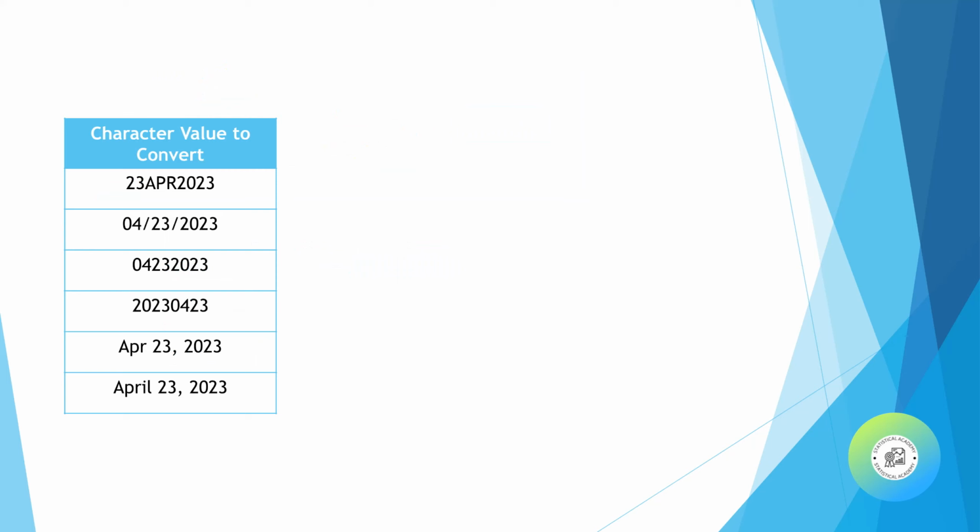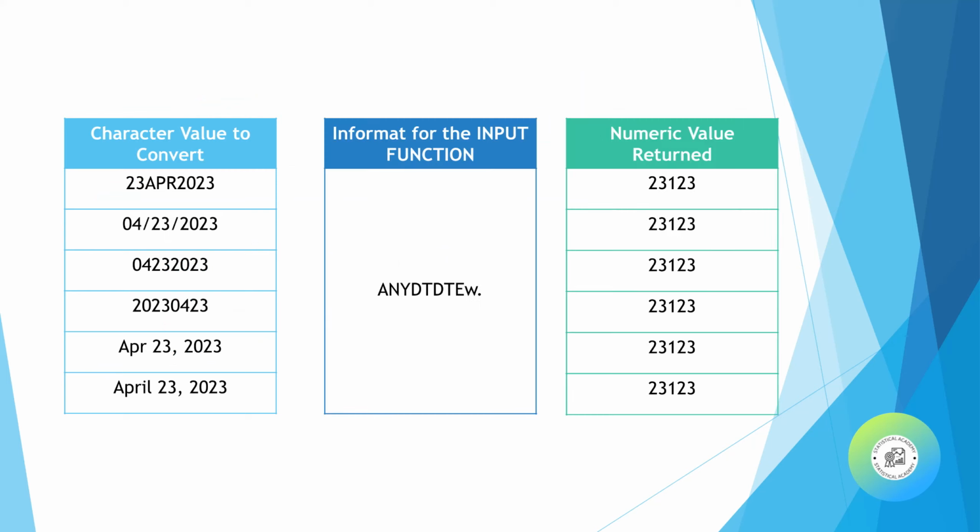Dates can be written as text strings in many different ways. A special informat you can use to read a variety of dates is the NEDTDTE informat. You might be thinking, why not always use it instead of the specific date informats such as date or MMDDYY?